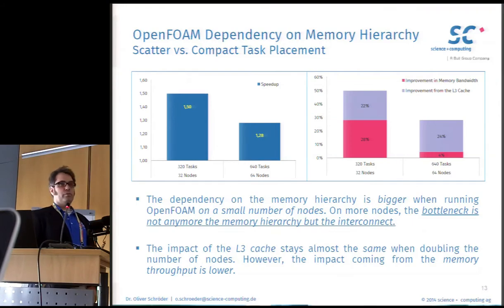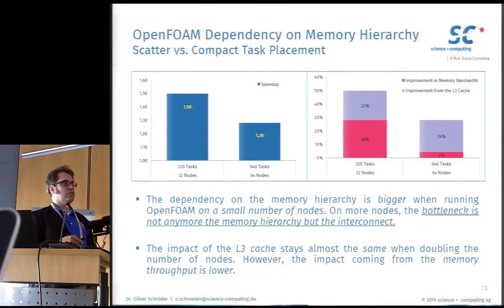So we looked at performance counters to see the actual used improvement in memory bandwidth. And you see here, of the 50% speed up that we have, 28% are due to improved memory bandwidth at the 32 node case. If you go up to 64 nodes, only 4% of that is utilized. The effect from the increased cache basically stays the same.